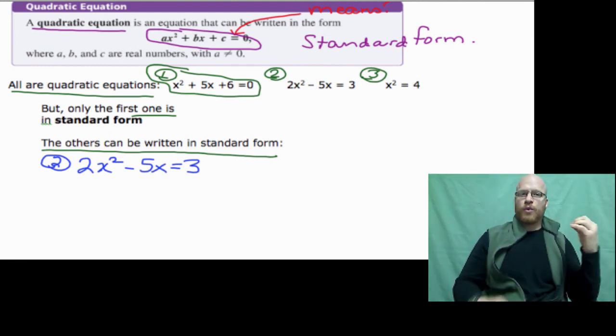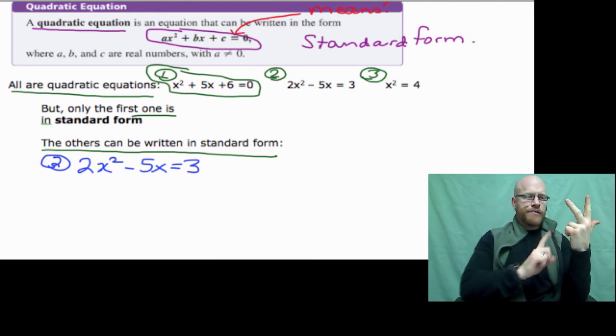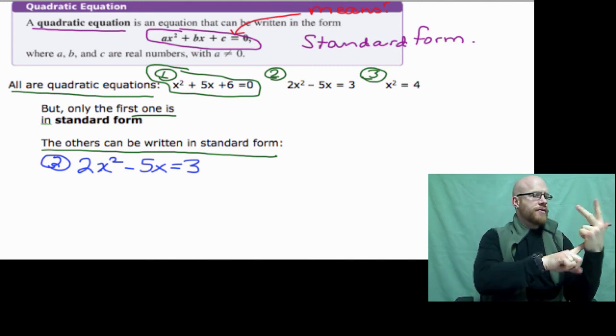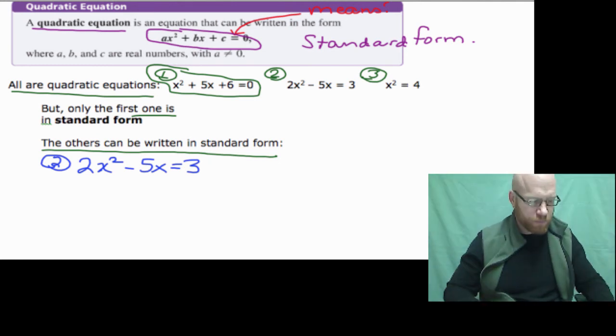I want this to equal 0, not to equal 3. 2x squared minus 5x equals 3. Now this 3 is in my way. I got to move it over. I got to subtract 3 from both sides. Now watch this.